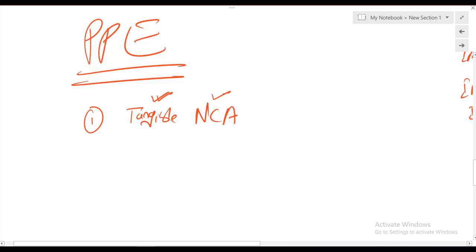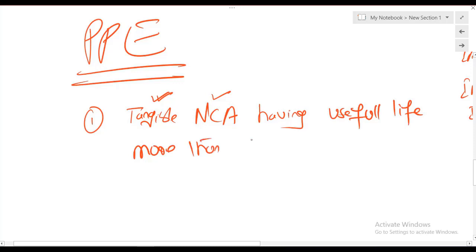The moment I have written tangible non-current asset, it means we are not talking about intangible assets. We are talking about tangible. Second, it means we are not discussing anything relating to current assets. So when somebody asks you what is property, plant and equipment, your answer must be it is a tangible non-current asset having useful life more than 1 year.